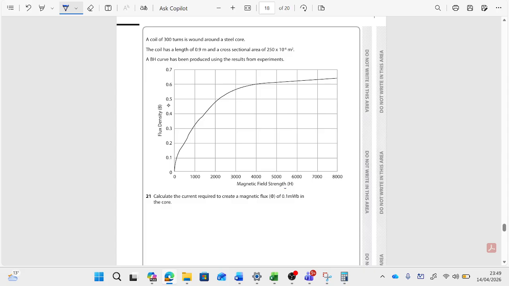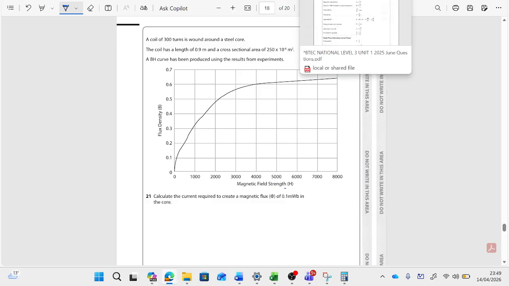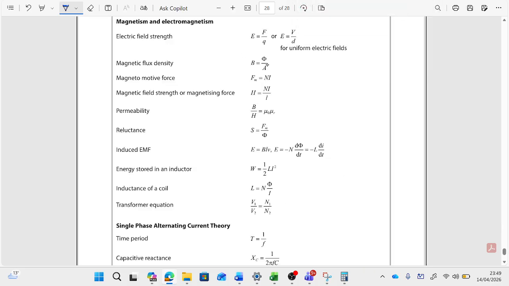So we're going to look for something to do with B and H in this BH curve. We're going to look here and find something to do with B. There is a chance that we will need this.